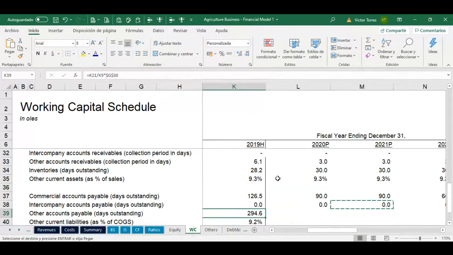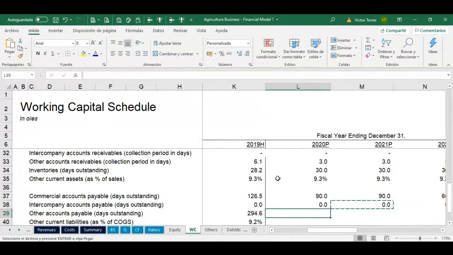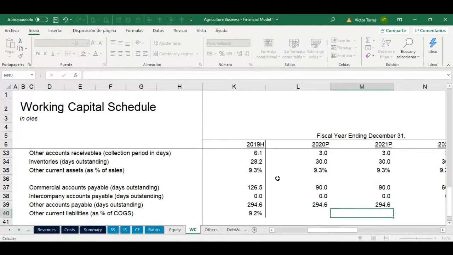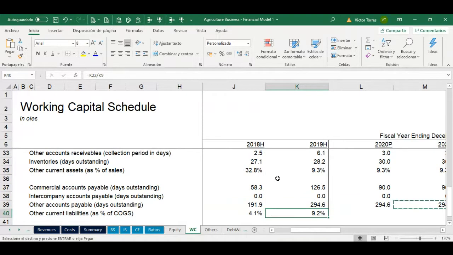Okay, days outstanding, also that's other accounts payable. It appears to be a high number. It was supposed to keep that as 294 as part of a typical estimation. And I'm going to put other current liabilities, and realize that other current asset was a percentage of sales and other current liability is a percentage of cost of goods sold. We're going to consider that as a percentage of cost of goods sold, and realize we haven't even discussed the numbers so far.